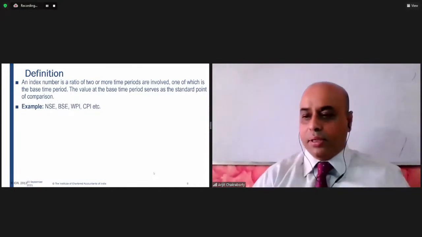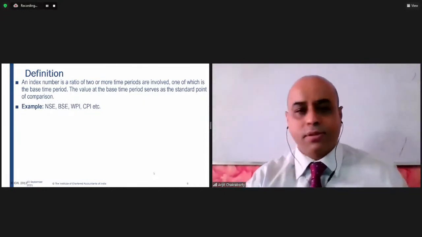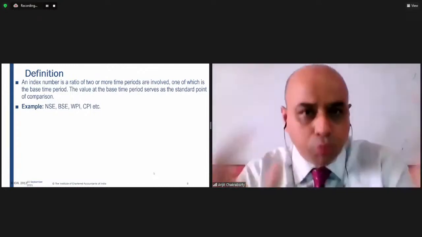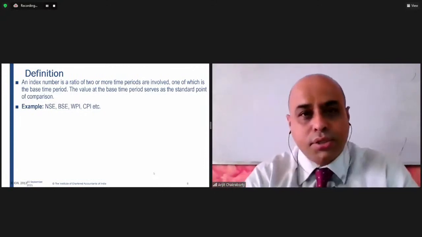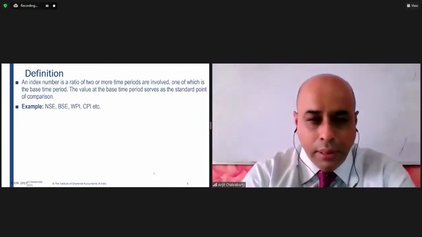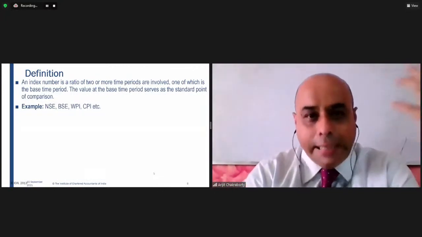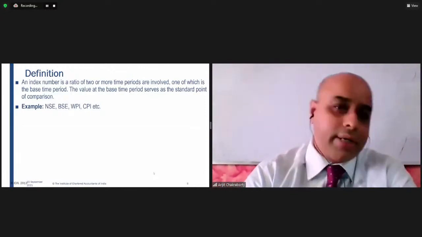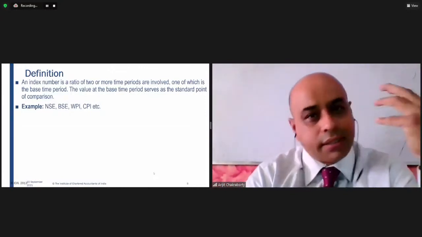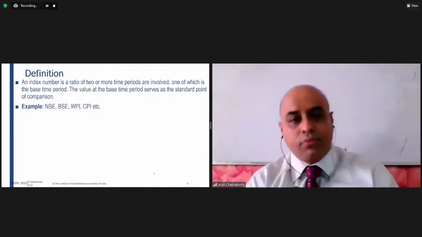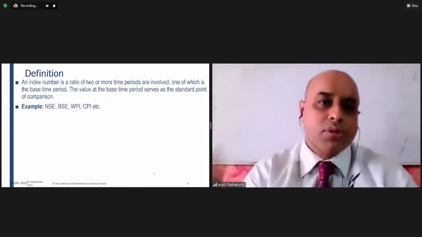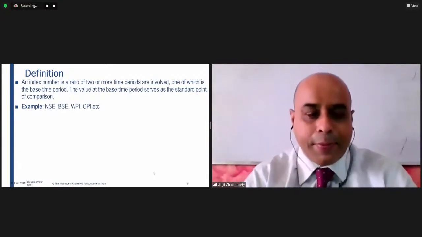Now, we have discussed several practical applications, like the National Stock Exchange's Nifty. The Nifty is based on index numbers. There is a base year, a current year, and the prices of different shares, on a weighted basis, are used to calculate the Nifty.